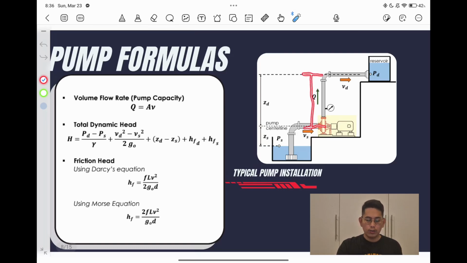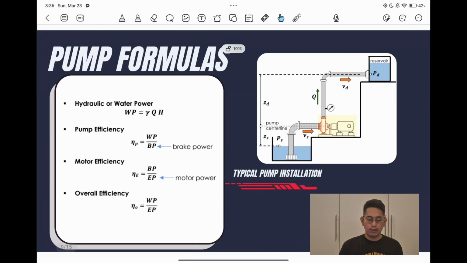So ang brake power, ito yung power na galing sa kanyang motor or actuator. So for the motor efficiency naman, which is denoted by N sub E, it is equal to BP, which is ang kanyang output, and the EP naman is yung input.